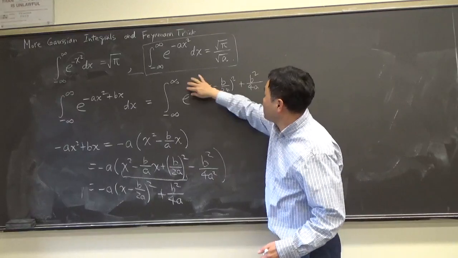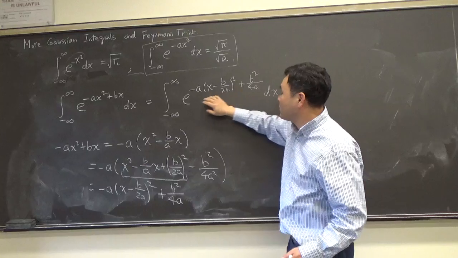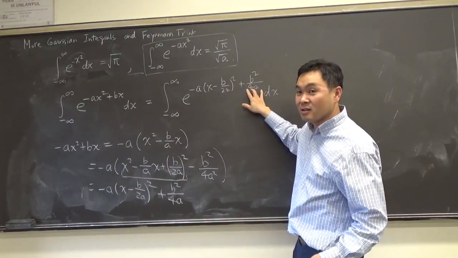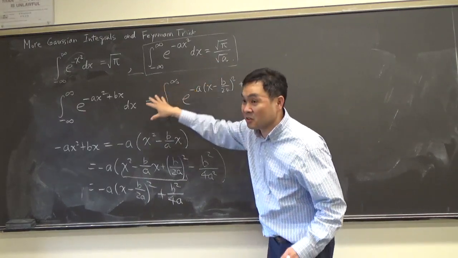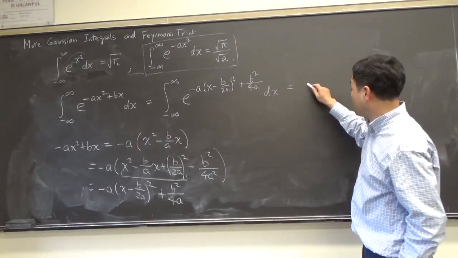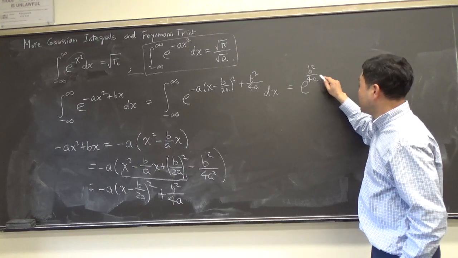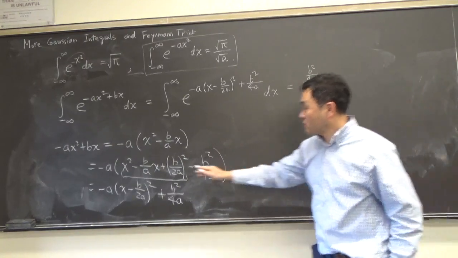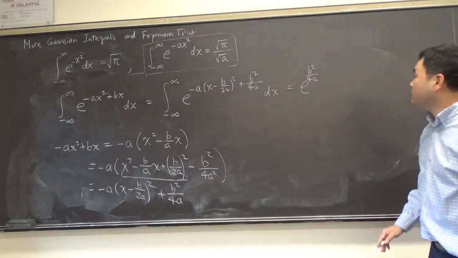And if you have e to the a plus b, that's the same as e to the a times e to the b. So since that's a constant, we can bring it outside the integral. What that gives us is e to the b squared over 4a. Is it supposed to be squared? Which one? No, this a canceled this a squared, so you just have only a in the denominator, okay?